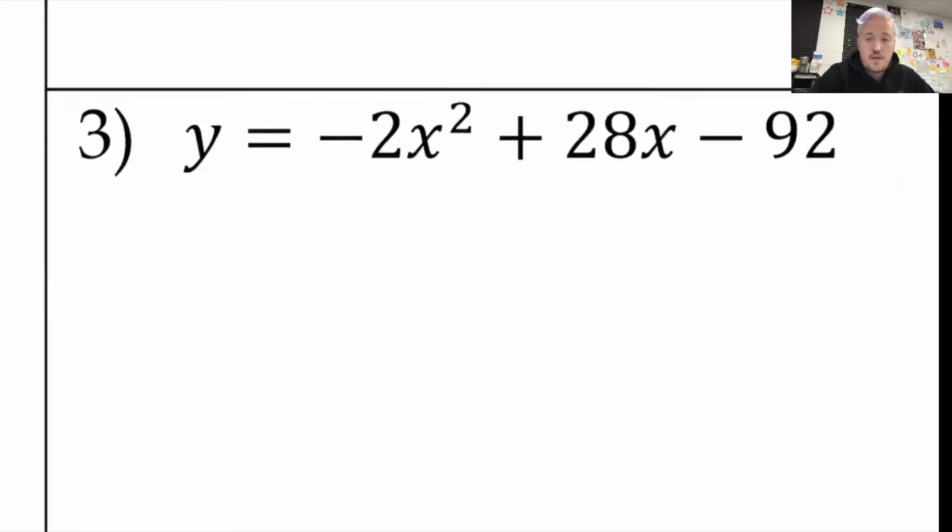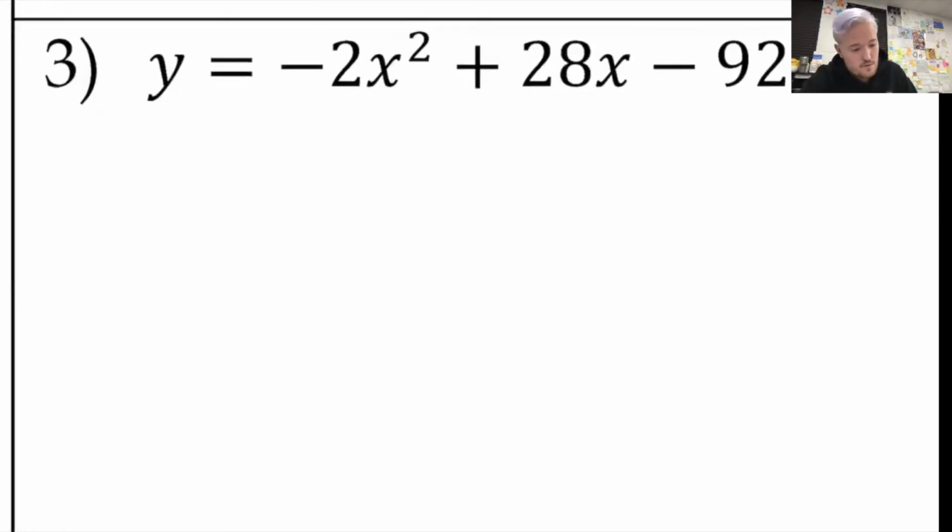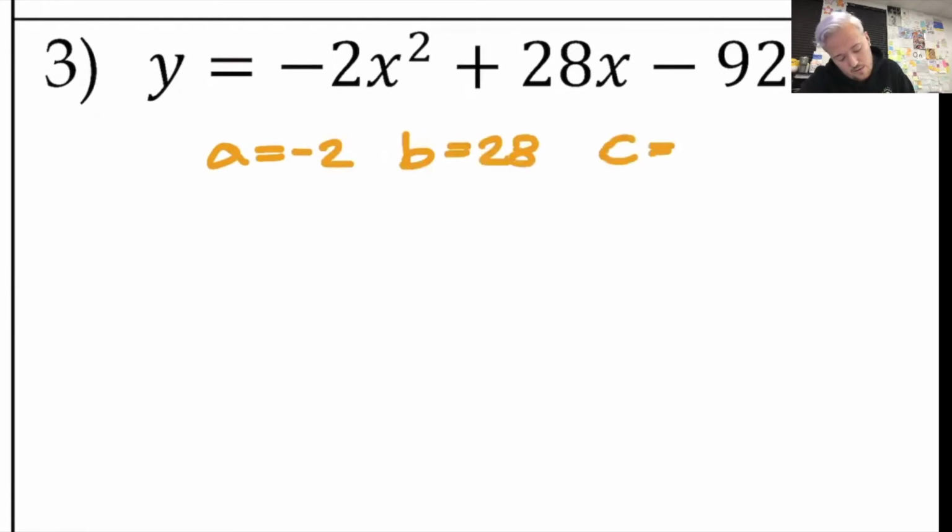So I would say pause here, try this one on your own, and see how you do. Or if not, so A equals -2, B equals 28, and C equals -92.